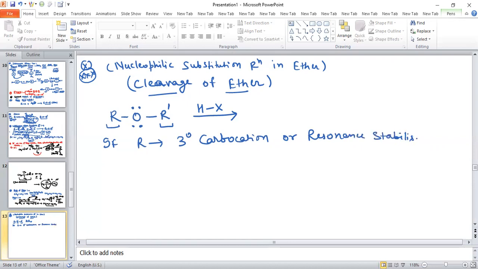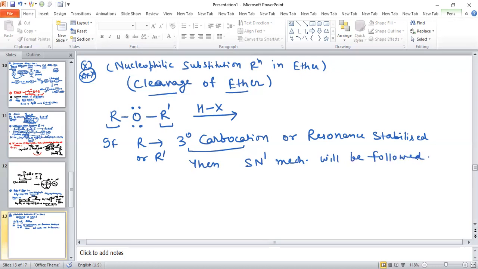If R or R dash is a 3 degree carbocation or resonance stabilized, then the SN1 mechanism will be followed.